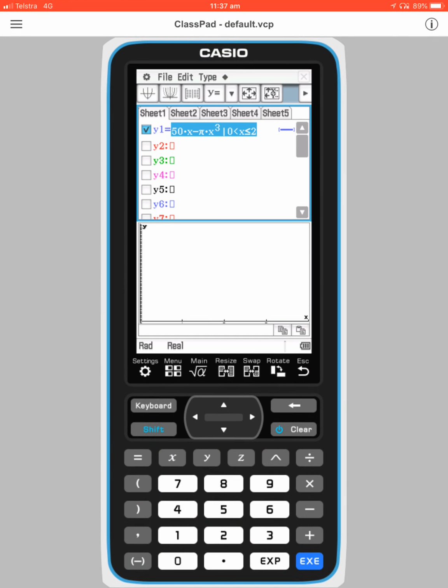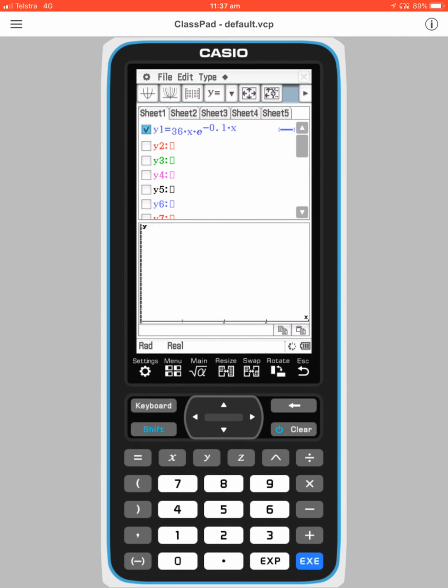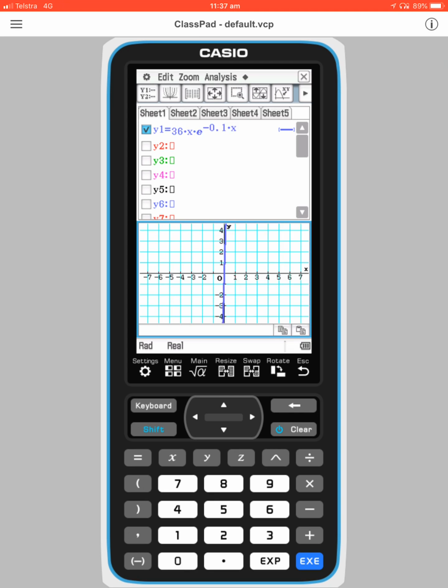36x times e to the negative 0.1x. Sketch it. Zoom initialize.